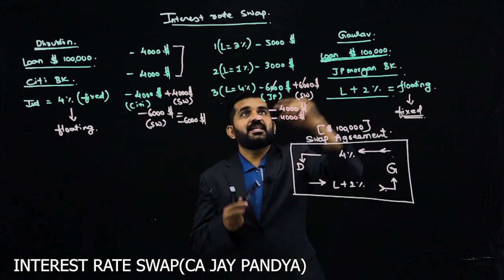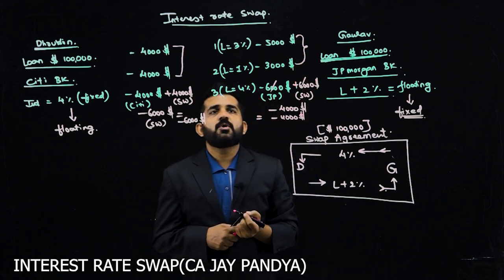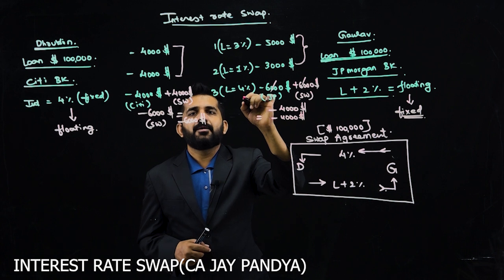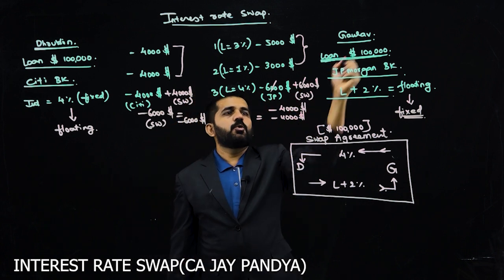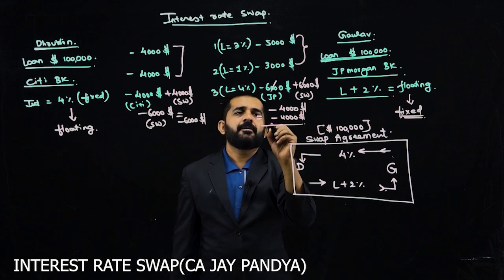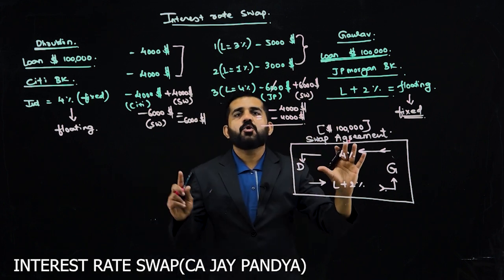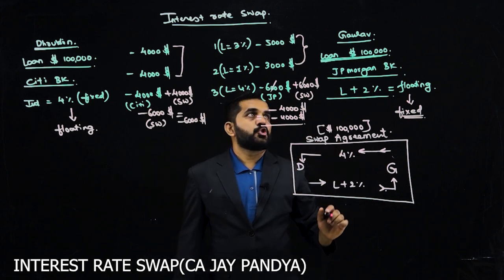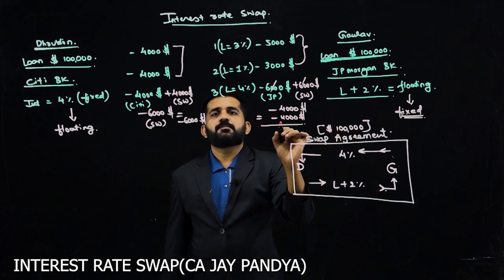Now previously his rates were dependent upon LIBOR. Now understand, whatever is LIBOR, his rate will be fixed, and in each year Gaurav will be paying $4,000 net because of this swap agreement. So Gaurav, whose loan was based upon LIBOR, now is paying fixed rate.